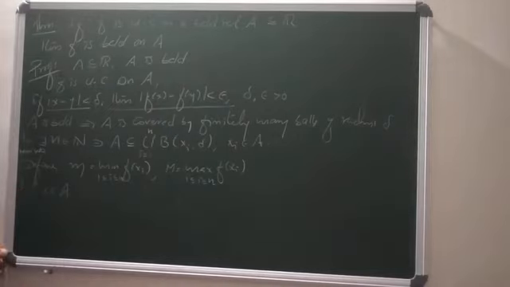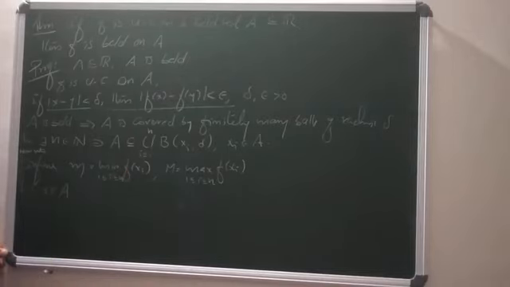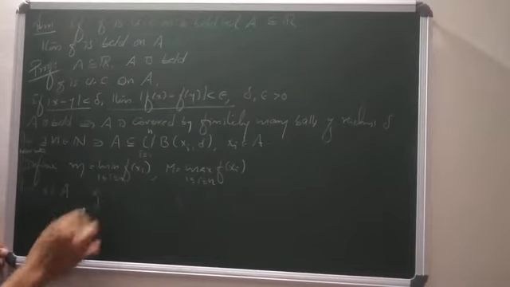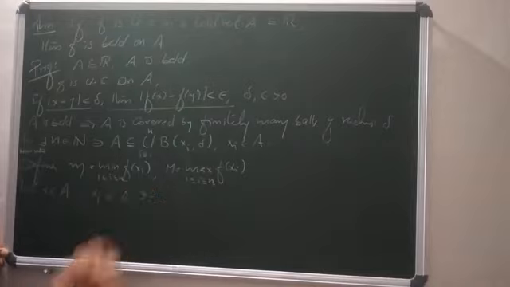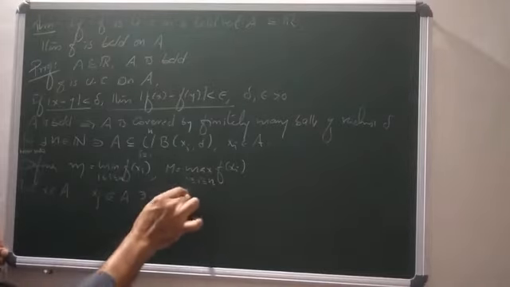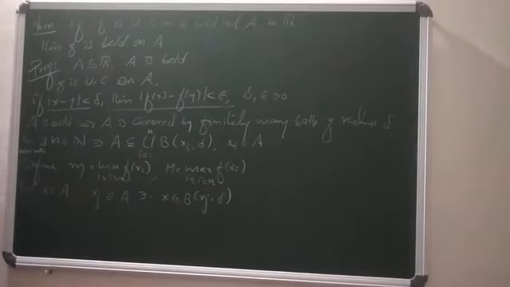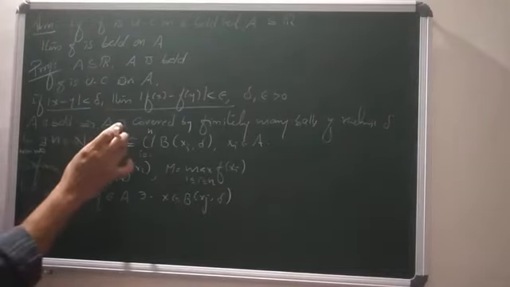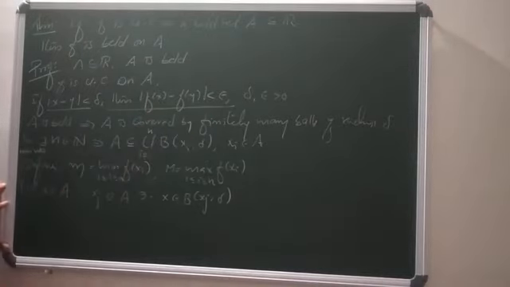Suppose x belongs to A, and A is covered by the balls of x_i, delta. So there exists an x_j belonging to A such that x belongs to the ball x_j, delta. X belongs to A is arbitrary, so x belongs to the union of these balls.